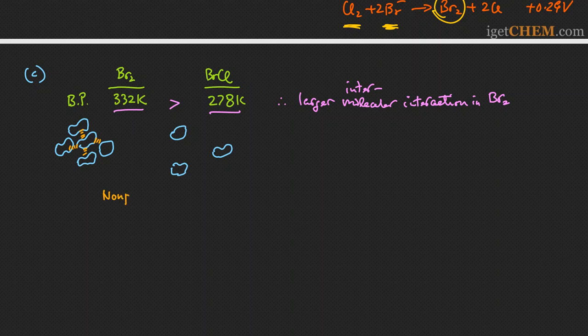So this is a non-polar molecule, whereas BrCl, because Br and Cl have different electronegativity, is certainly polar. So you know that polar molecules can have what is called a dipole-dipole interaction between them, whereas nonpolar molecules will have none of that because there is no dipole in a nonpolar molecule.